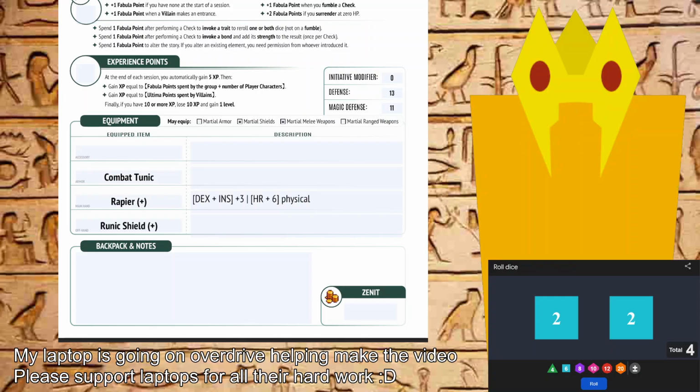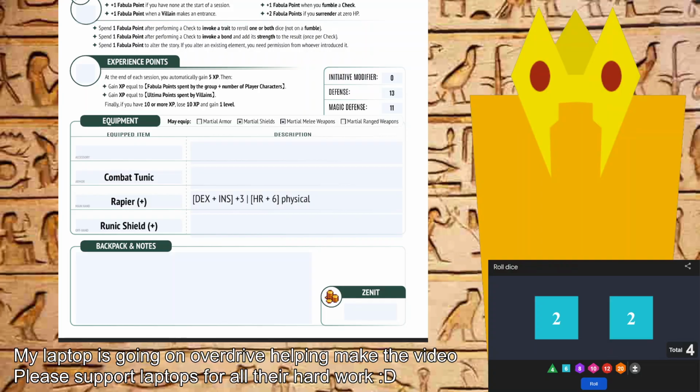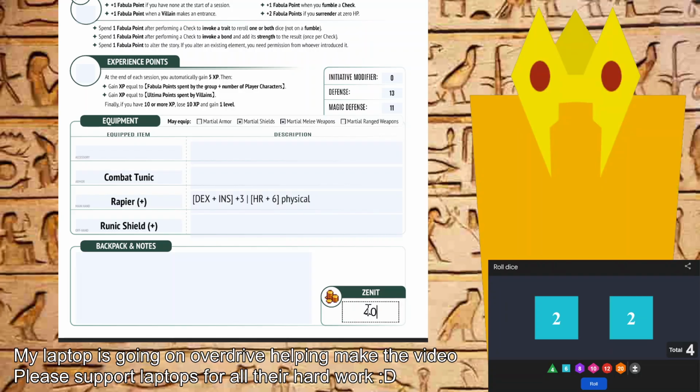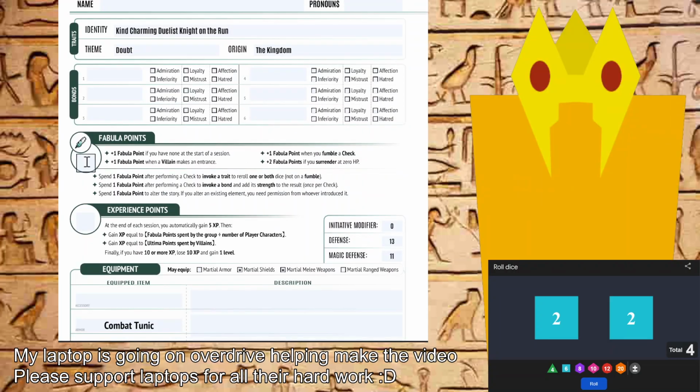Multiply the total by 10, and we are starting off with 40 zenit. And of course, for every new PC, we always start with 3 Fabula points due to this.